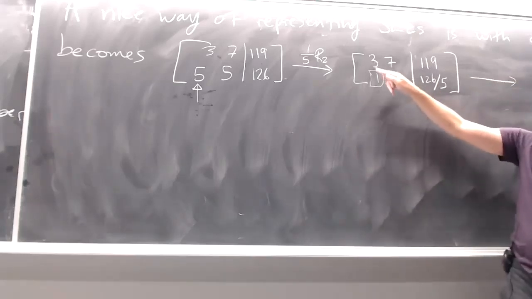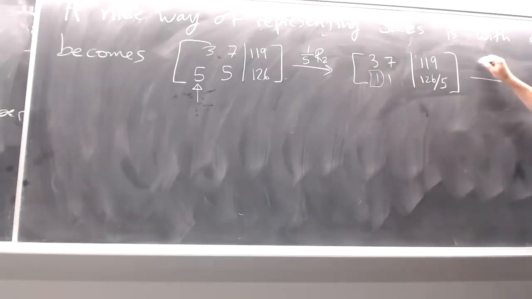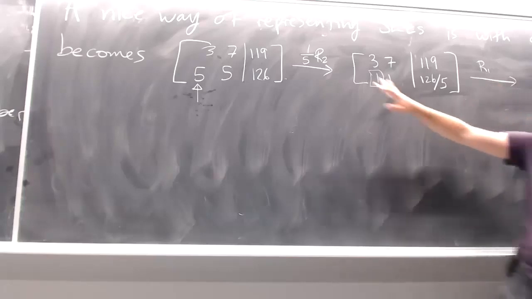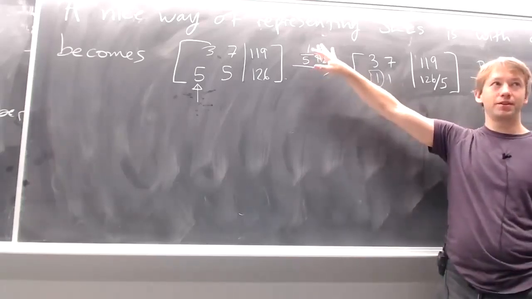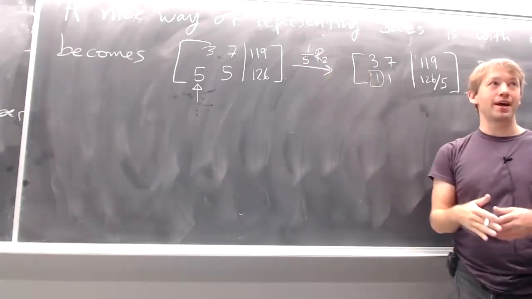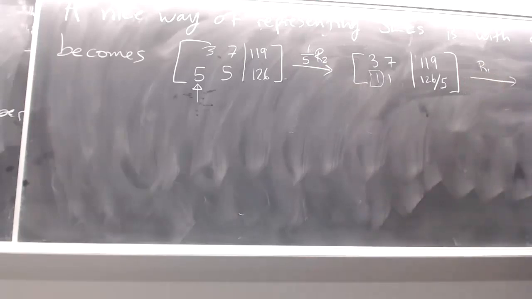So to get rid of a 3 using a 1, I'm going to take, so the notation, by the way, you need to write this kind of notation for showing your steps. What I'm going to write here is, I take row 1, and I subtract 3 times row 2 from it. So that means I'm changing row 1 by subtracting 3 times row 2.